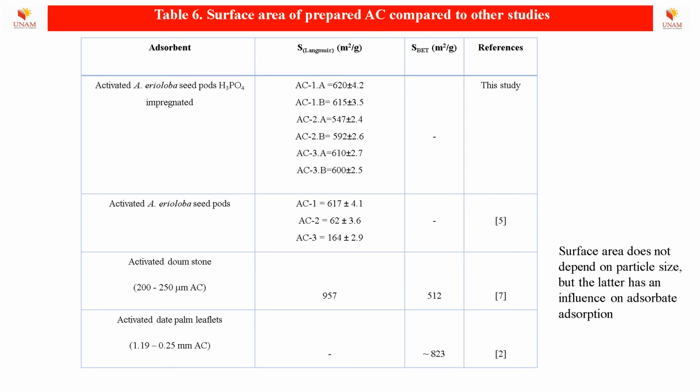Then the activated carbon from date palm leaflets, which is 1.19 to 0.25 mm AC, Langmuir didn't give much, and BET was 823. So surface area does not depend on the particle size, but the latter has influence on adsorbent and adsorption studies.